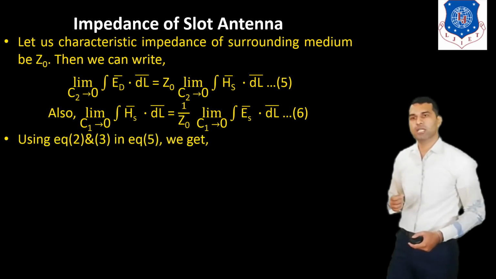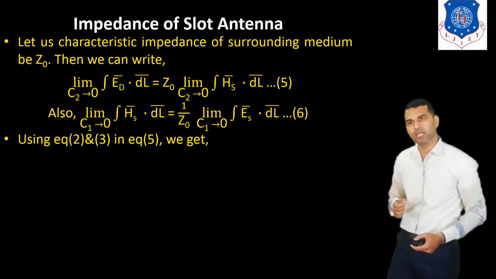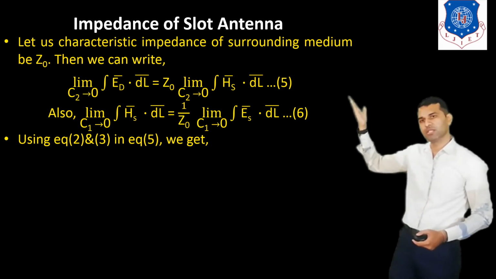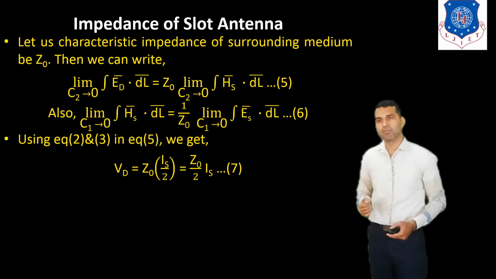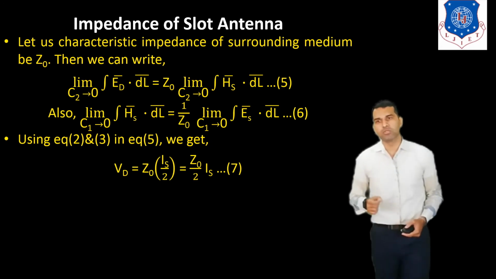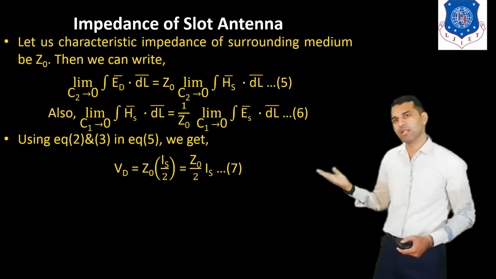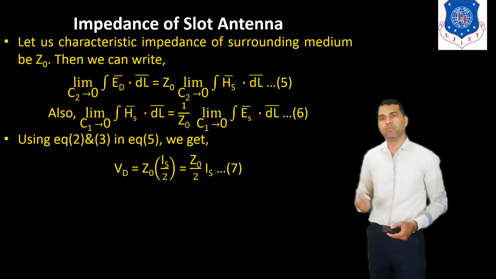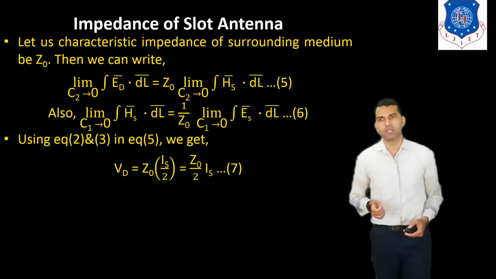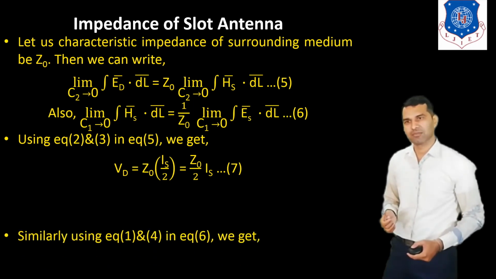Using equation number 2 and equation number 3 in equation number 5, we get Vd is equal to Z0 Is by 2. We can write this in simple form: Vd is equal to Z0 by 2 into Is.